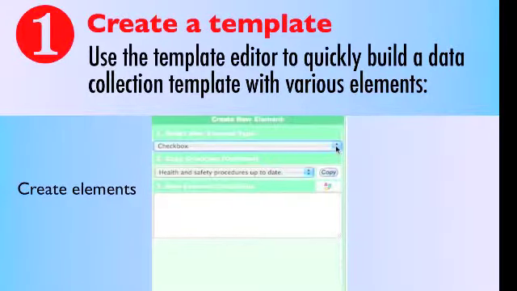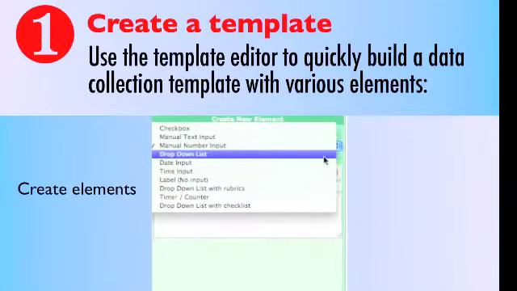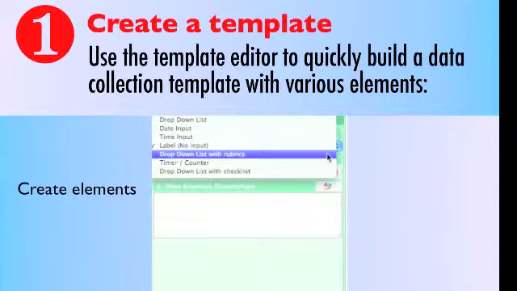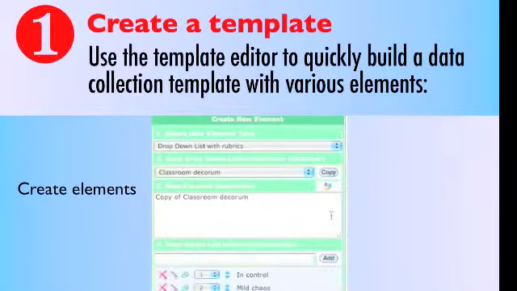eWalk has an authoring system that provides a myriad of components we call elements and checklists. We have checkboxes, manual number input, drop-down lists, drop-down lists with rubrics.